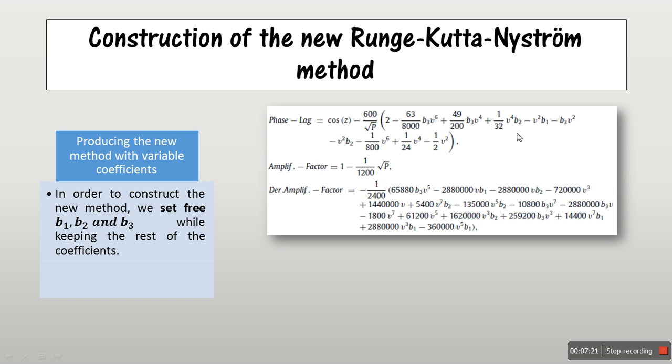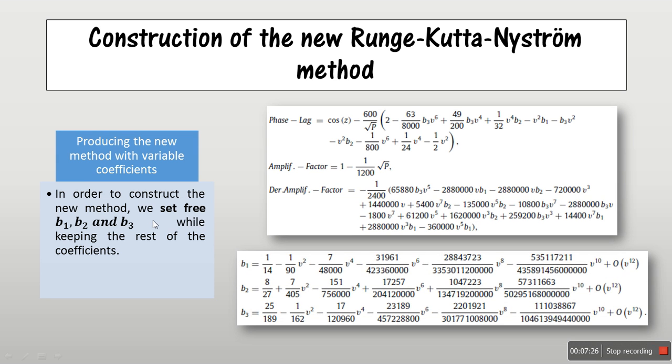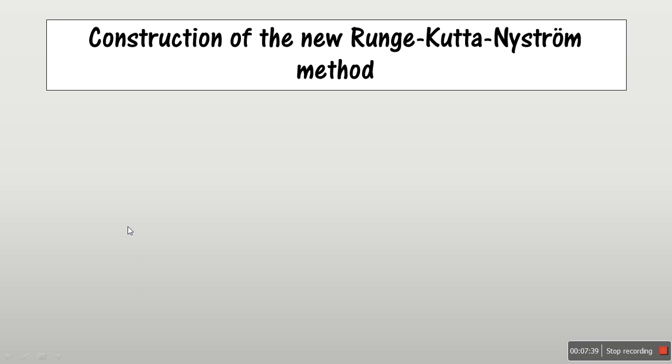Seeing that there's B3, B2, and B1 in the equation, the author has used the B1, B2, B3 equations, and through the substitution of these three coefficients, we are able to eliminate them, and that's the meaning of set free B1, B2, and B3 terms.